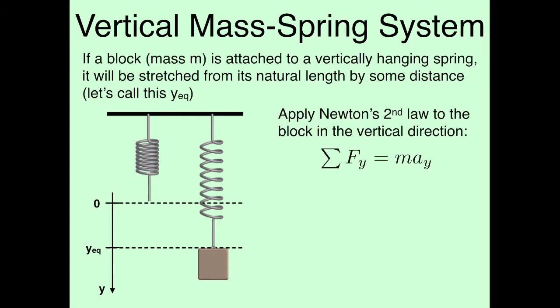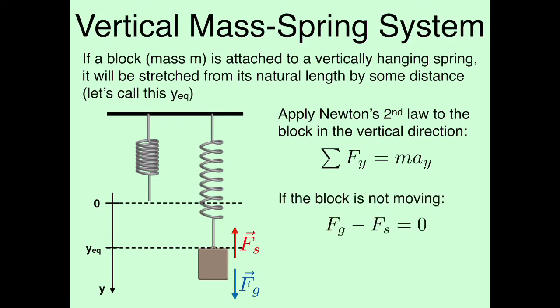And so if I want to figure out how much the spring has just been stretched out, I can apply Newton's second law to the vertical direction. So we have the net force in the y direction is equal to m times a_y. And there are two forces to worry about here. We have the force of gravity pointing down, and then we have the spring force pointing up, like this.